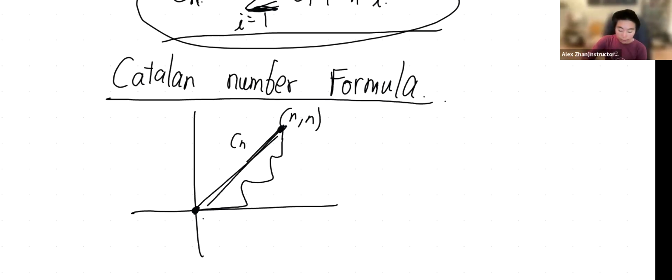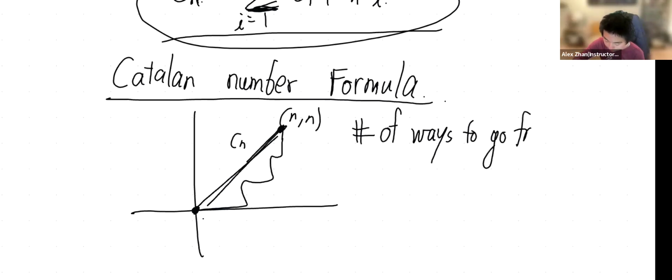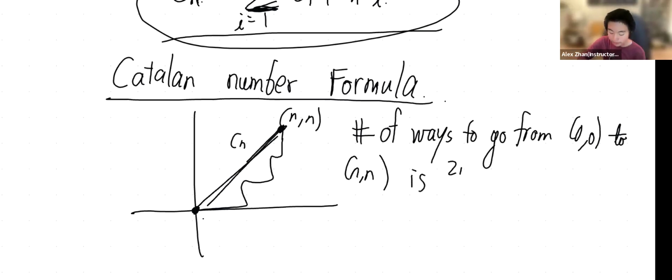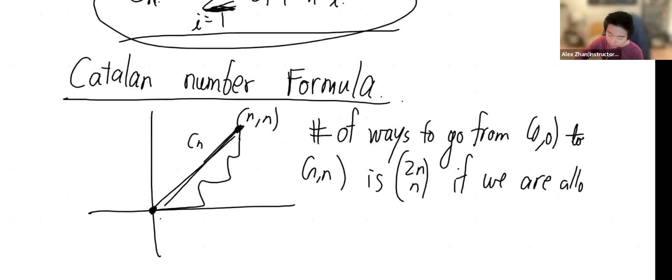First of all, the number of ways to go from (0,0) to (n,n) is in fact just 2n choose n if we are allowed to cross the line, because our main constraint was just not being able to cross the line.